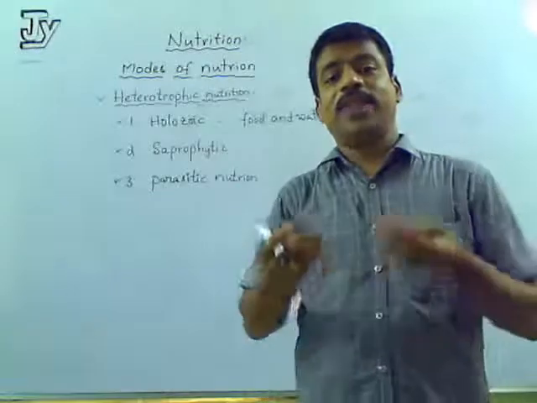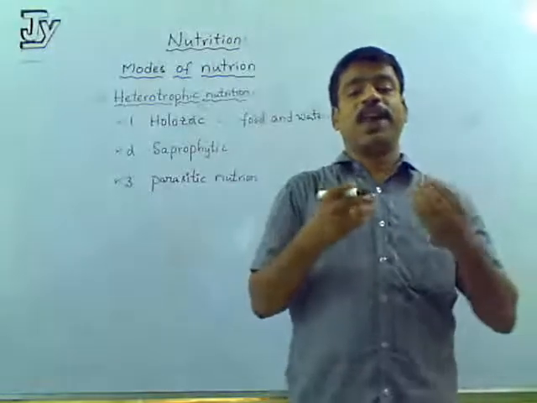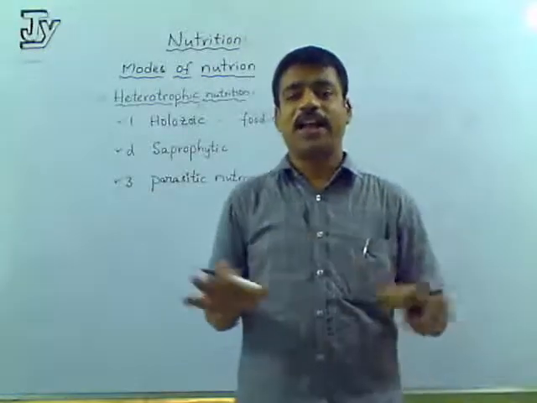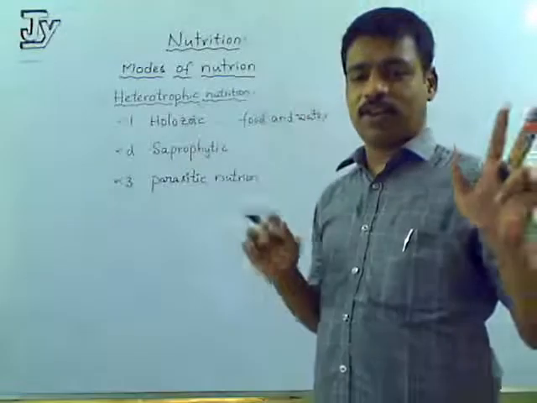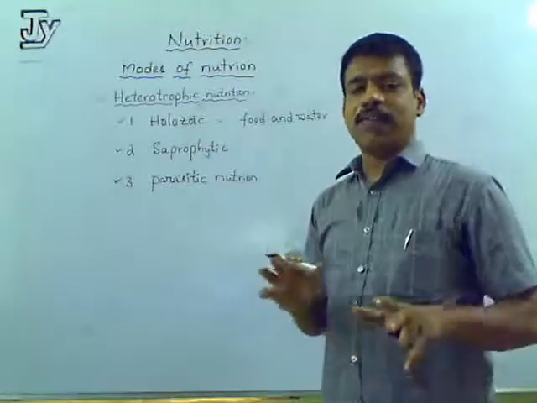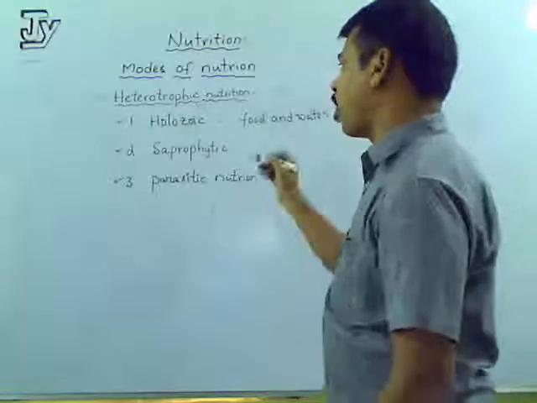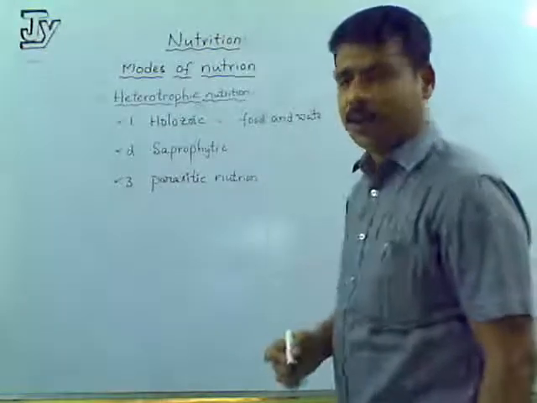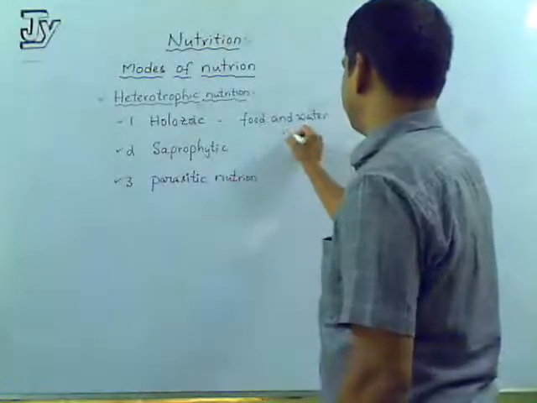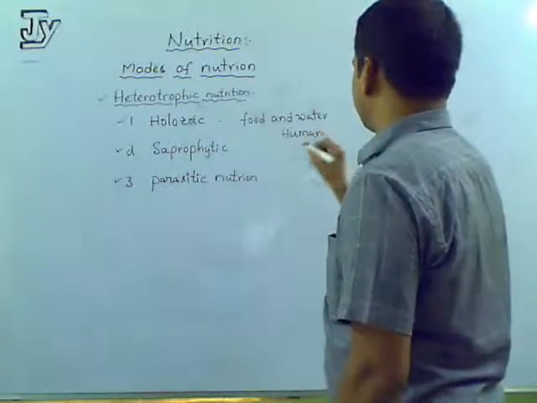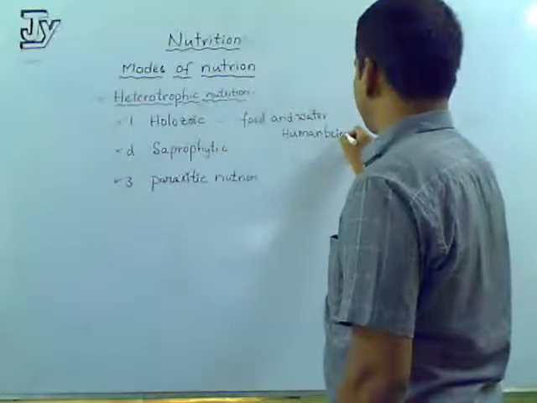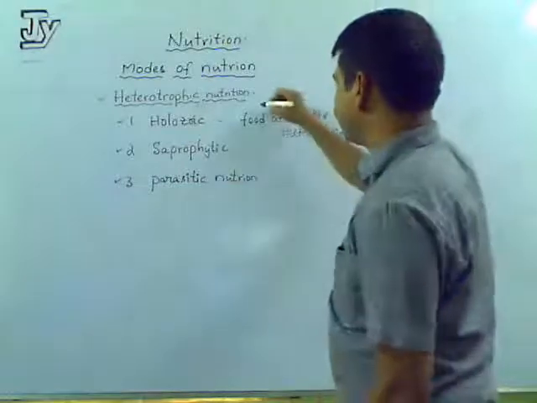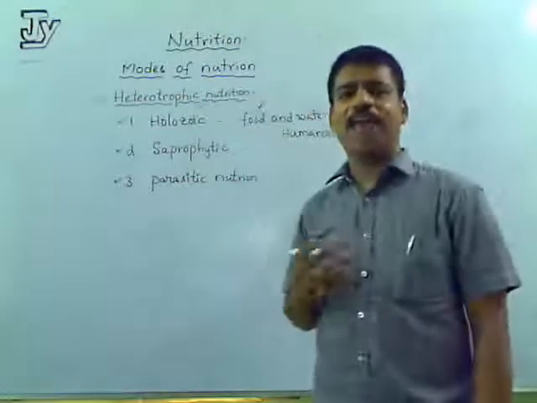An organism that takes its food and digests it in its body is nothing but holozoic nutrition. Most animals show this type of holozoic nutrition, and the best example is the human being. A human being receives food from plants and animals.